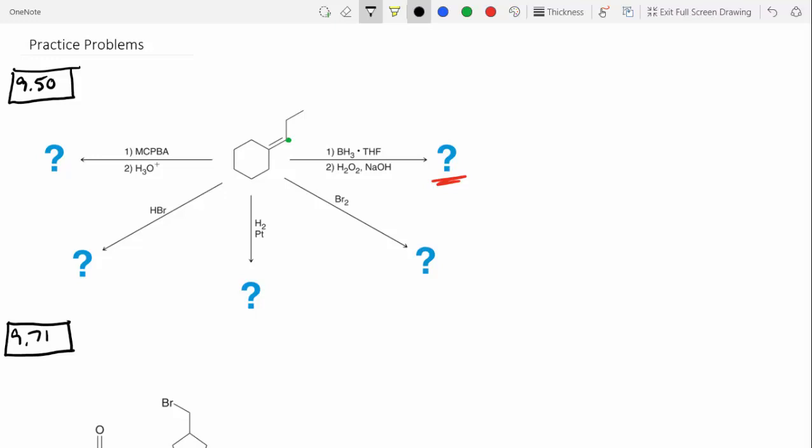Are we adding in a bromine? Definitely not a bromine. An alcohol group, right? So hydroboration oxidation installs alcohols in the anti-Markovnikov position. So we can go through and we can say, all right, we could have the alcohol get added here.